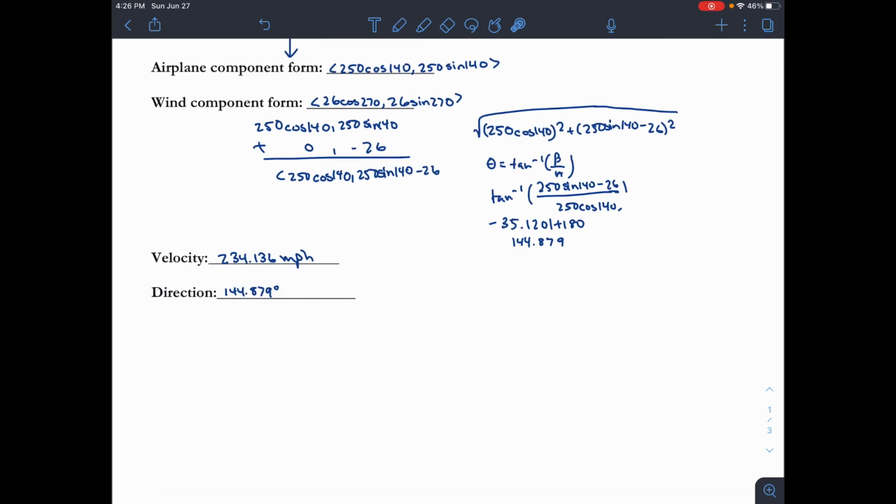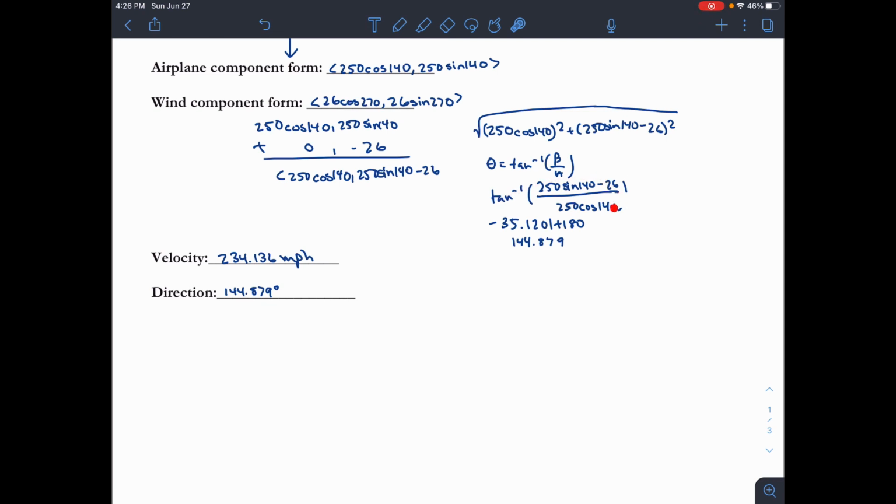And to find the direction, we use this formula, which is theta equals tan to the power of negative 1 times b over a. This b and a would be the y and x. So we have tan negative 1 of 250 sine 140 minus 26 over 250 cosine 140.